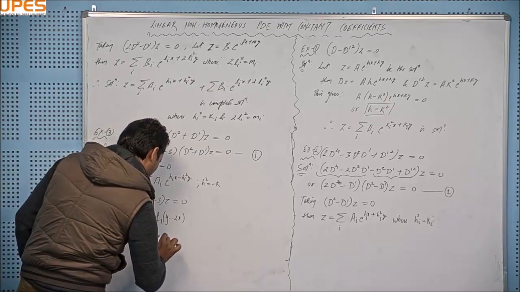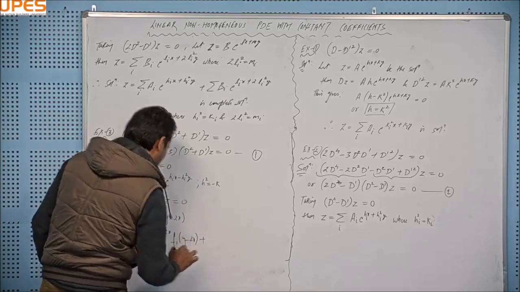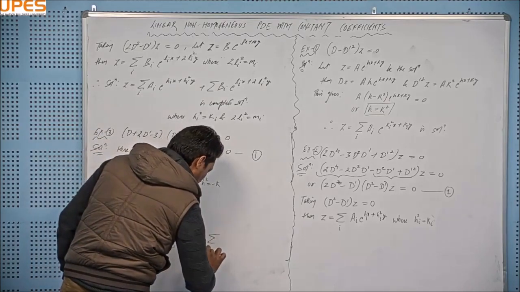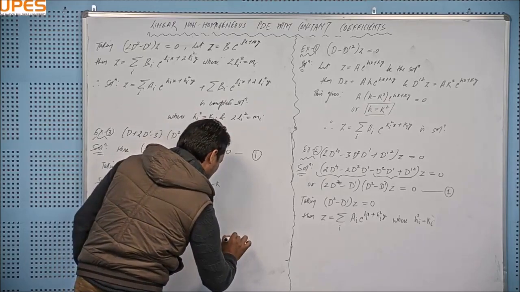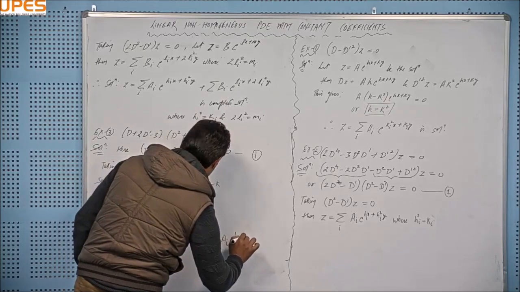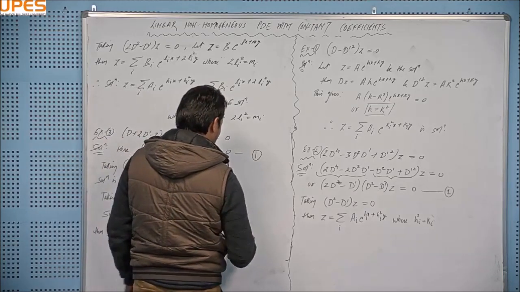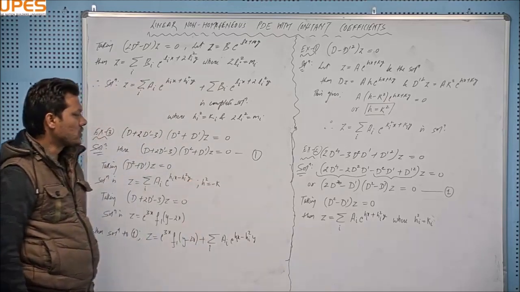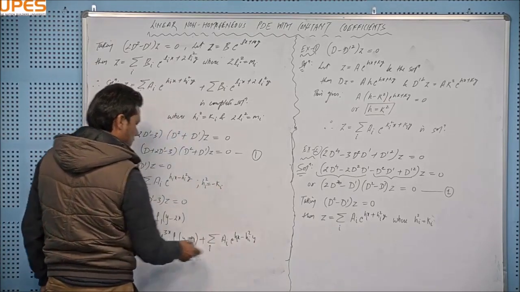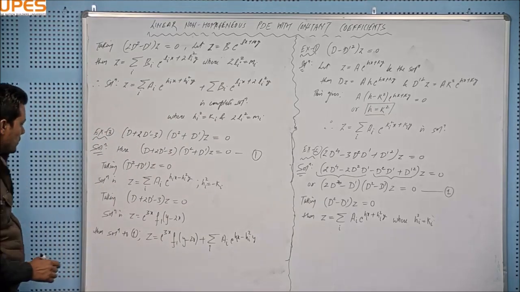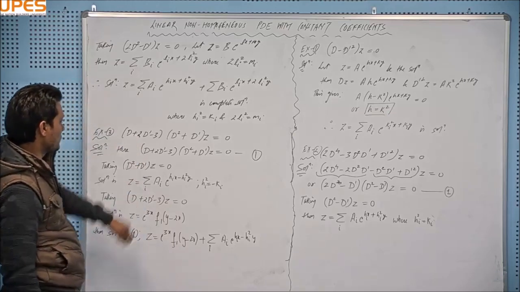Z is equal to e to the power 3x f1 of y minus 2x plus summation a_i e to the power h_i x minus h_i square y. There is no need to write h square equal to k, because k is not present here. So this is the full solution to this equation.